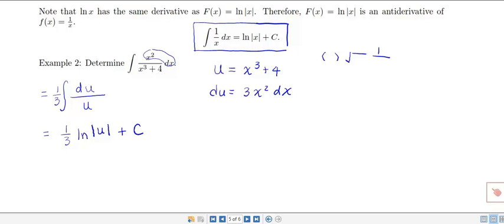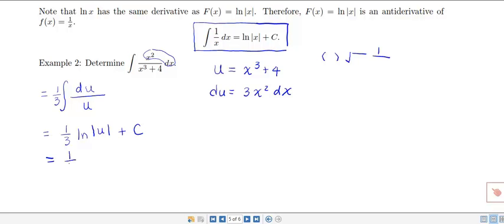Now it's important that you write down the absolute value of u, because sometimes the expression could be negative, and we still will be able to evaluate the integral. So it's important that we take the absolute value, because the domain of the ln function is positive real numbers.